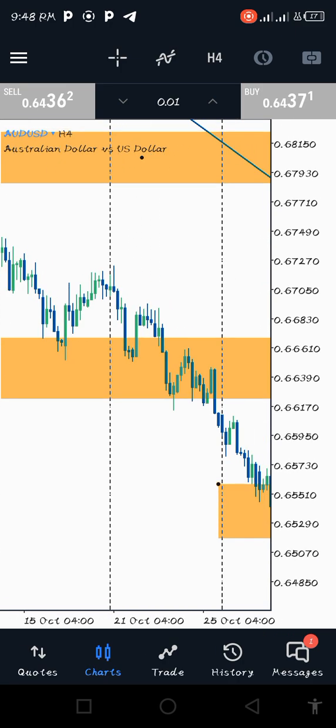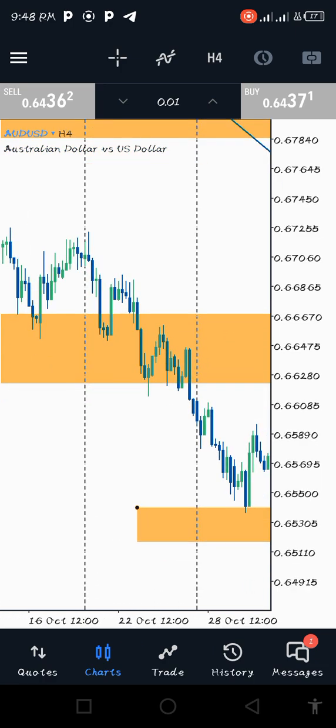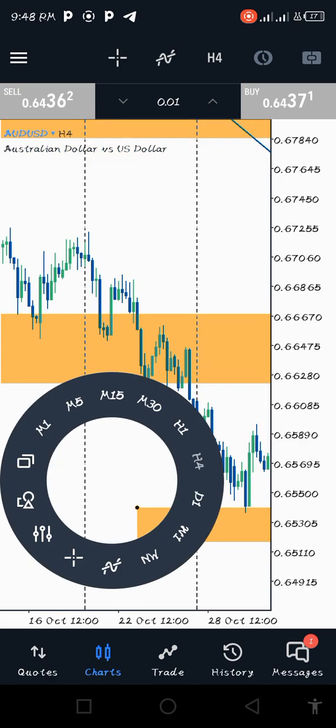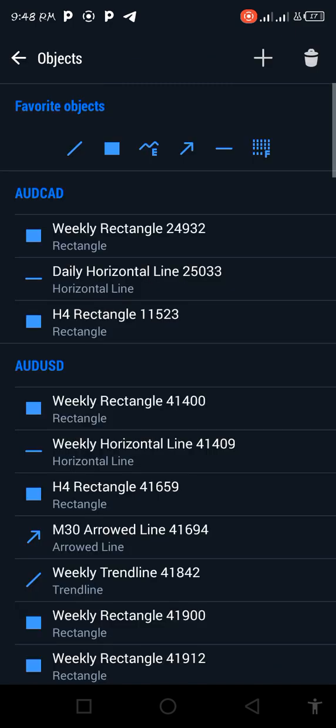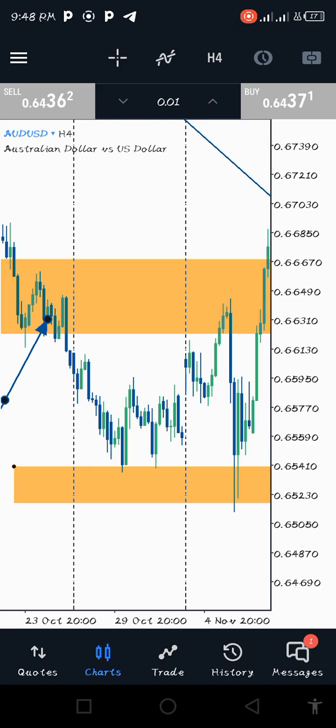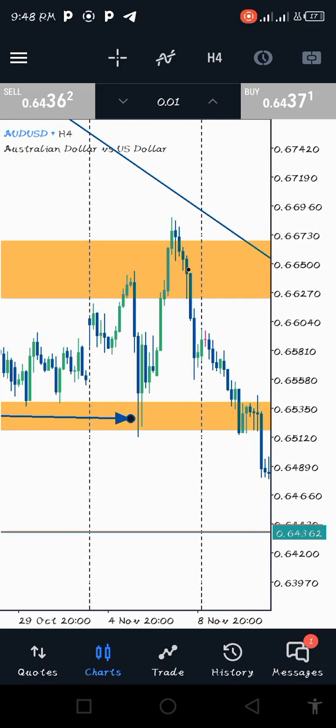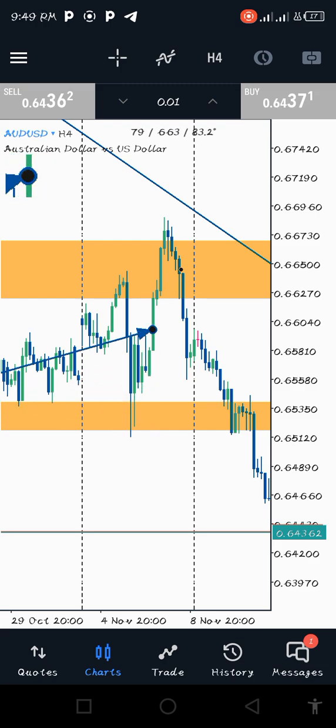For this zone, there was a re-entry right here, and we would have taken a profit right at this zone. If not so, we could have been stopped out right here.